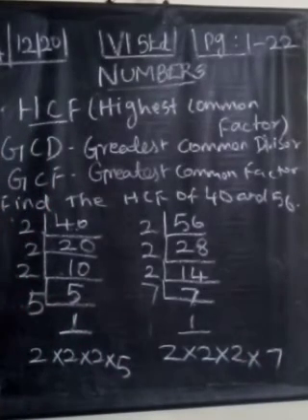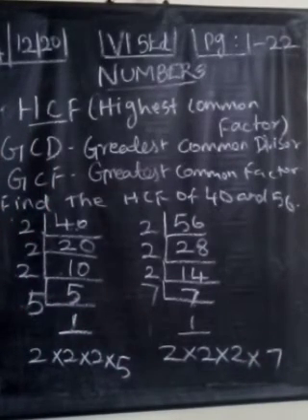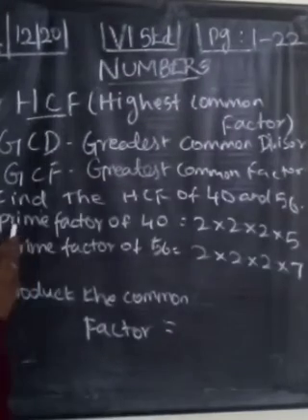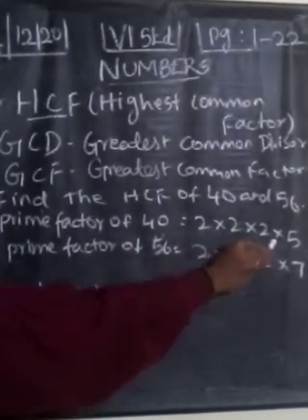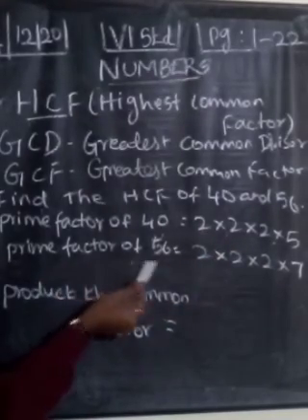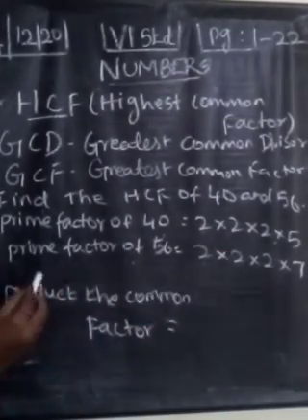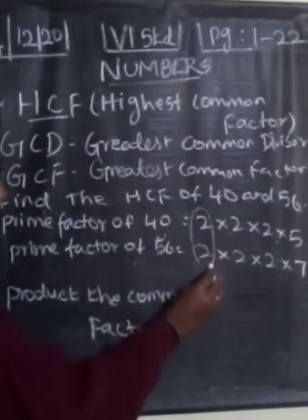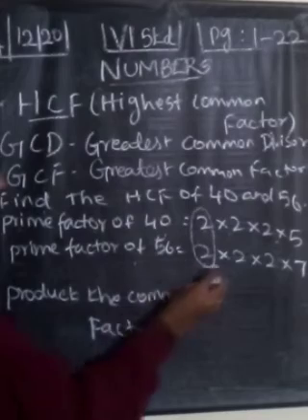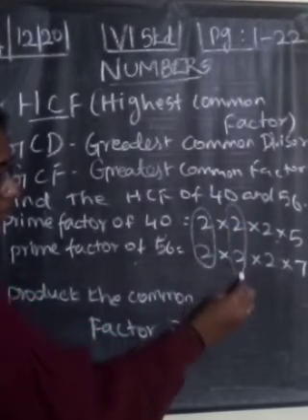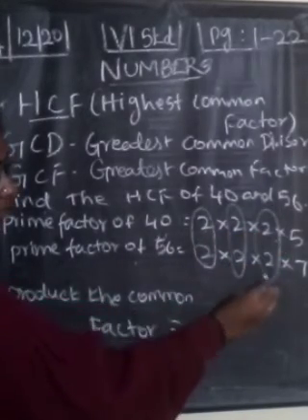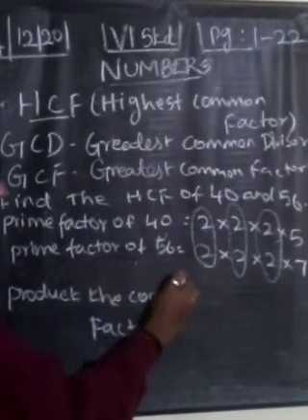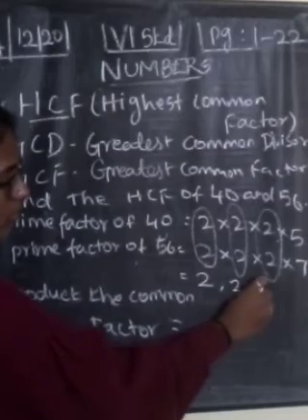Now we have to find the common factors of 40 and 56. Here the prime factors of 40 equal to 2 into 2 into 2 into 5. Prime factors of 56 is equal to 2 into 2 into 2 into 7. Now to find the common factors, encircle the common factors 2, 2, 2.